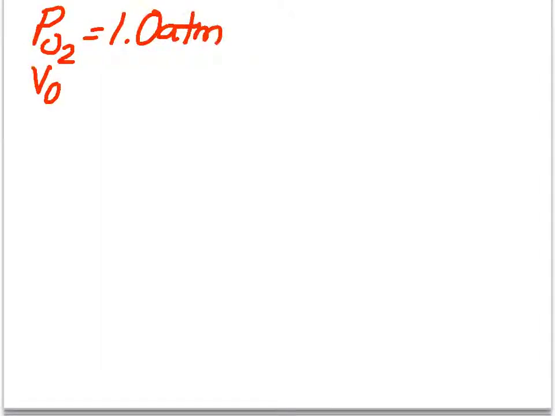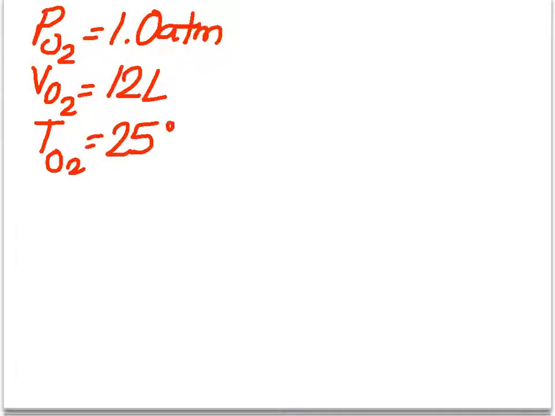So far we have the pressure, volume, and temperature of each of our gases, both oxygen and helium. So I'm going to use the pressure, volume, and temperature. First we've got our pressure of our oxygen, which is 1.0 atmospheres. And our volume of our oxygen is initially 12 liters. Our temperature of our oxygen is 25 degrees Celsius, and we're going to convert that into Kelvin, so that's 298 Kelvin.